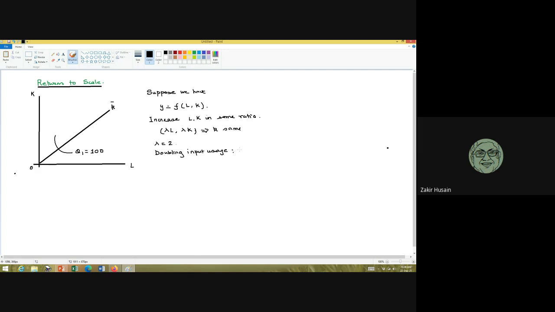Okay? Keeping small k constant. Acha. So if you are doubling the input use, how much will Q go up? This is a homogeneous production function. Okay? Homogeneous of degree n.